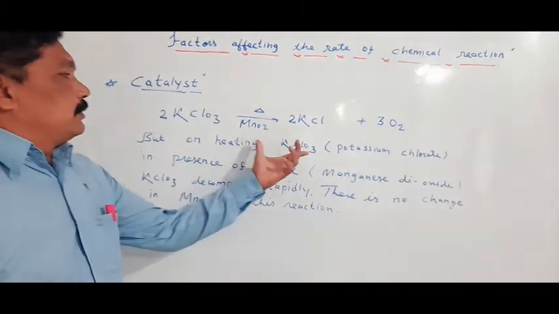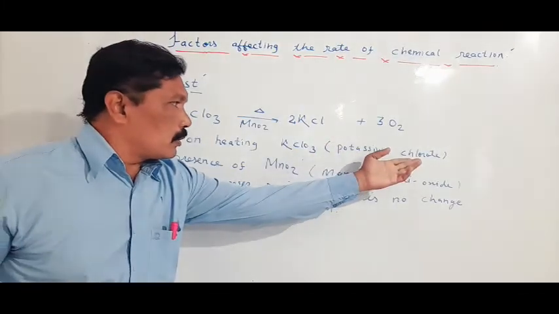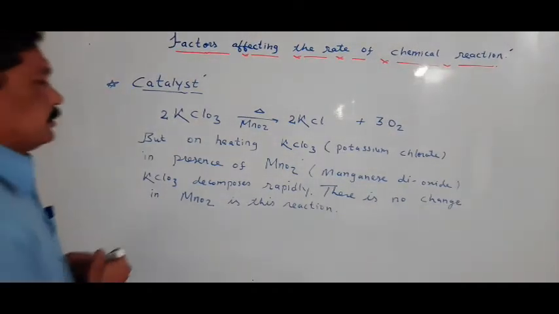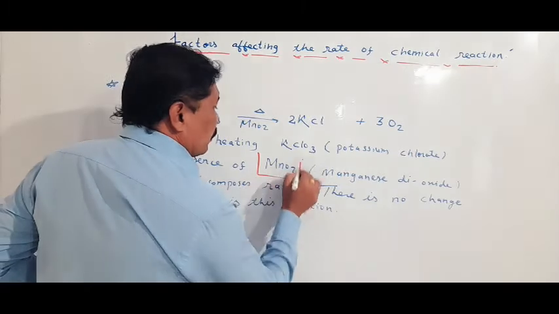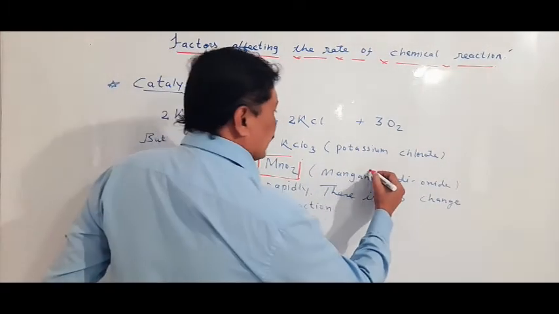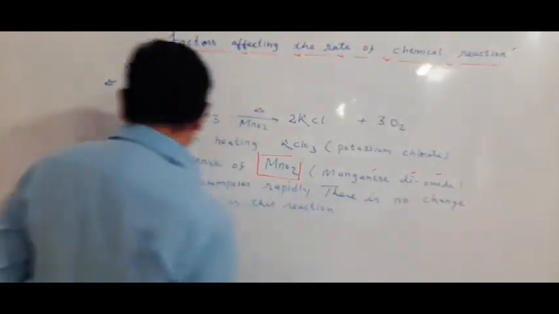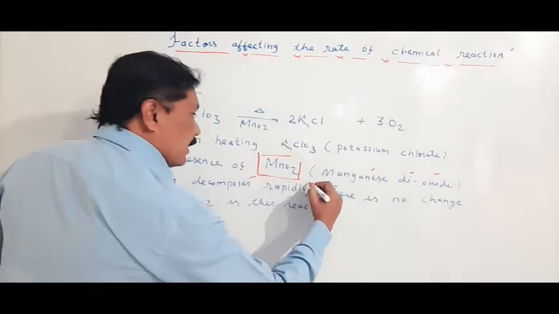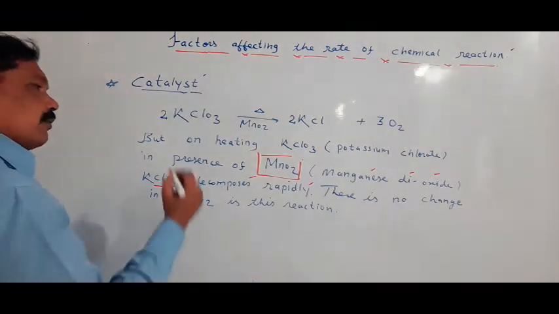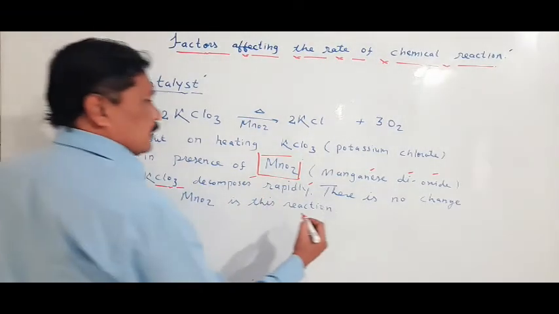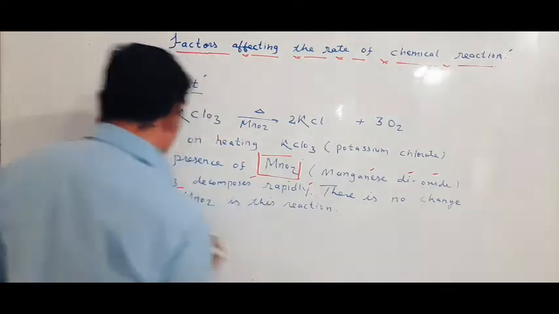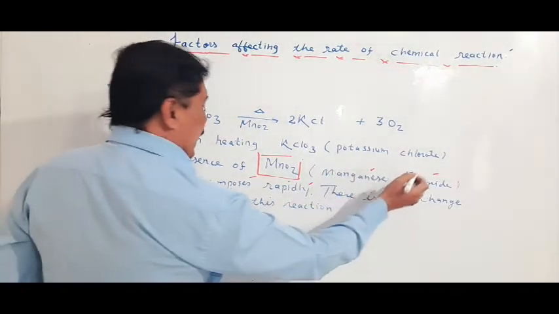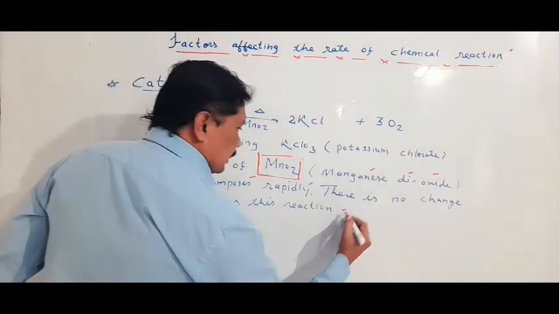On heating potassium chlorate in presence of a catalyst MnO2, that is manganese dioxide, potassium chlorate decomposes rapidly with a faster rate. There is no change in manganese dioxide in this reaction.